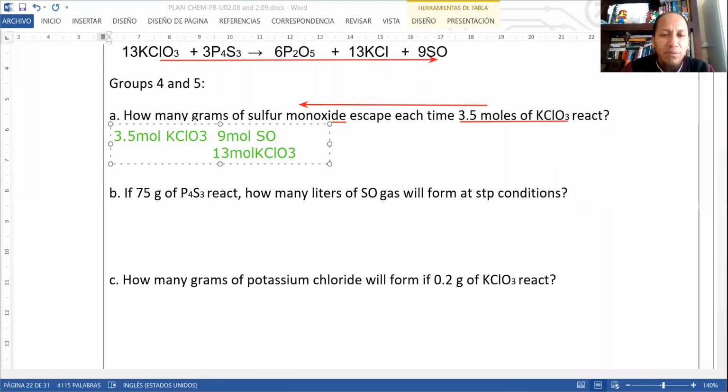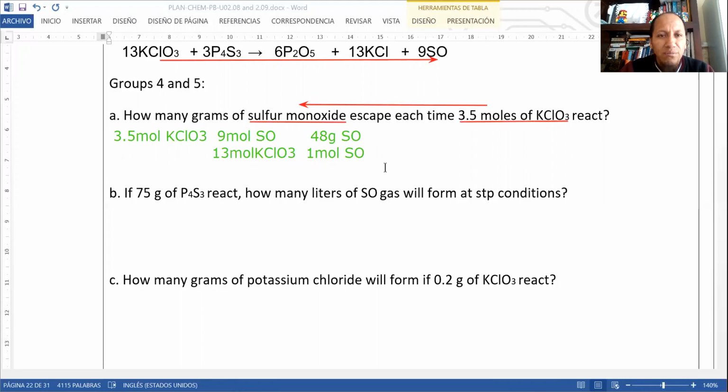And it asks how many grams, so everything has been transformed to moles of SO, and now I have to transform to grams of SO. So you need to put 1 mole of SO, which is exactly 48 grams of SO according to the masses from the periodic table.